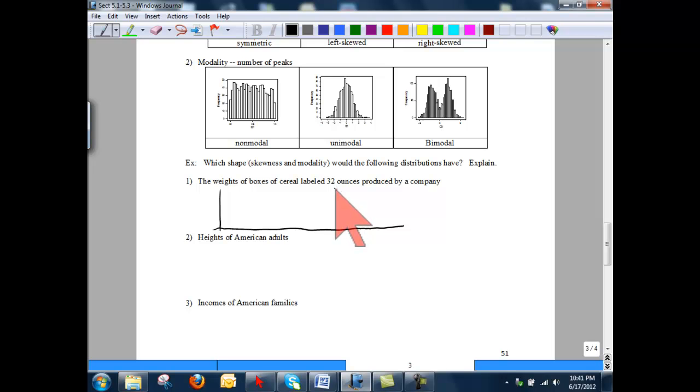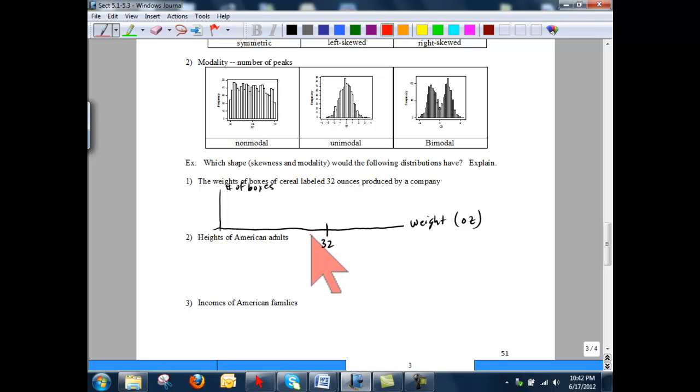And I stood at the end of the line and I weighed the cereal boxes coming off one at a time. And I recorded each weight, and then I made a histogram of all those weights, maybe hundreds of them or thousands of them. And I made a histogram in the sense that here was weight in ounces, and here is number of boxes, and say here is the number 32. Then what does the graph look like?